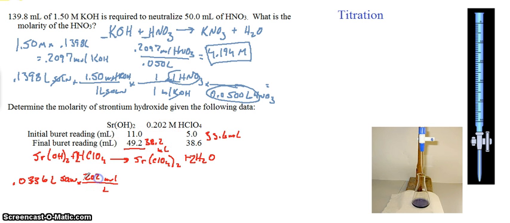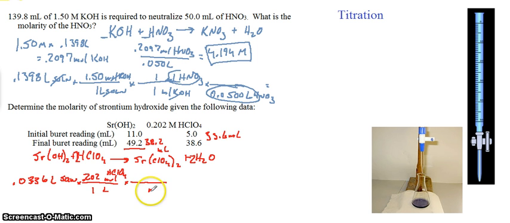So I've got 0.202, make sure that's obvious, per 1. So again, basically what I'm doing is I'm multiplying the volume of the known material times its concentration. By multiplying that out, the liters will cancel, and I will be given then the moles of the HClO4. And let me maybe put that up here so that's obvious.